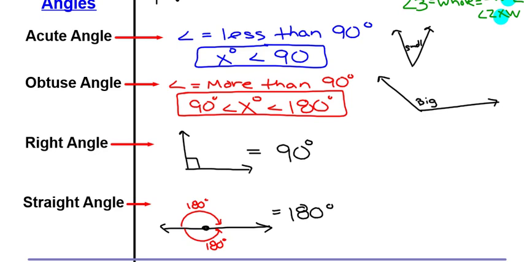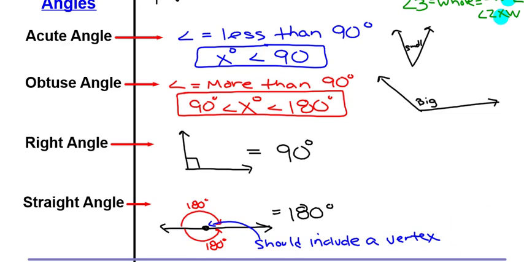When you draw the straight angle, don't forget you should include a vertex. You have to have that vertex point on there to make it a complete straight angle.